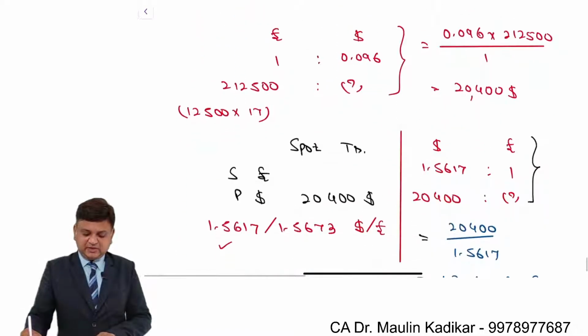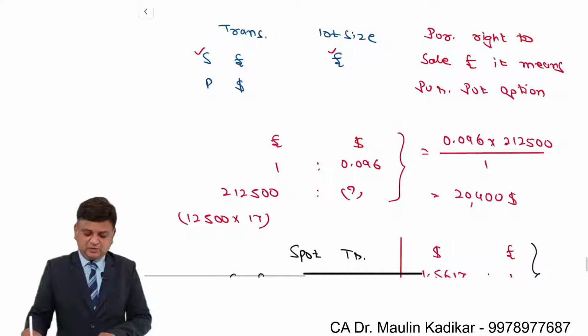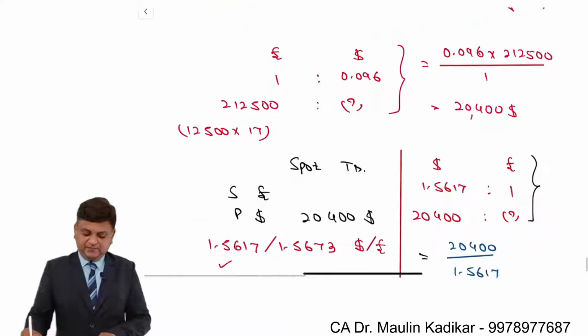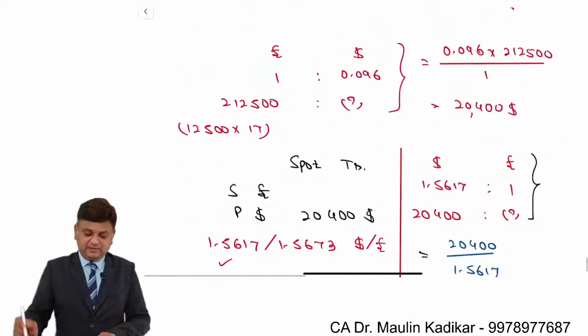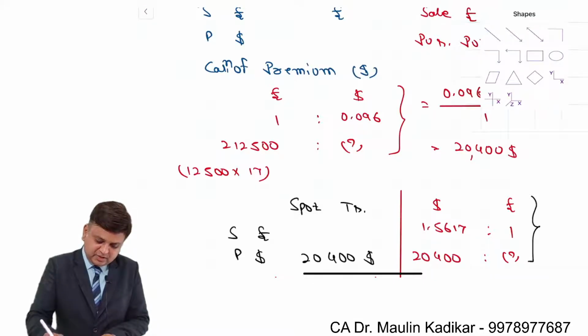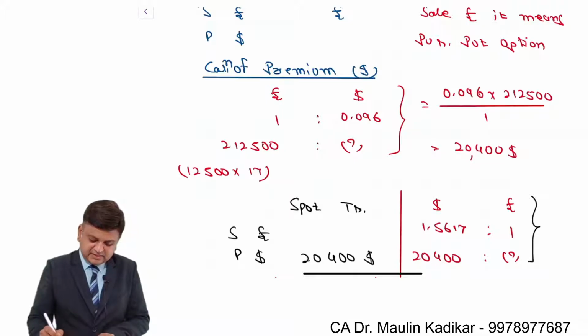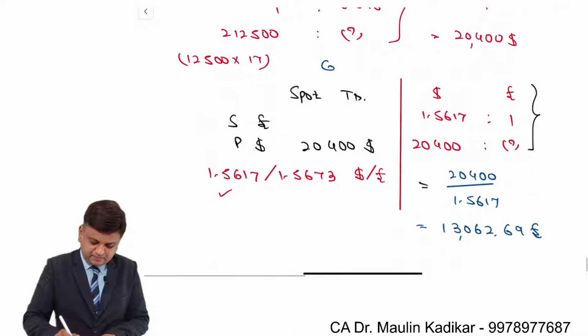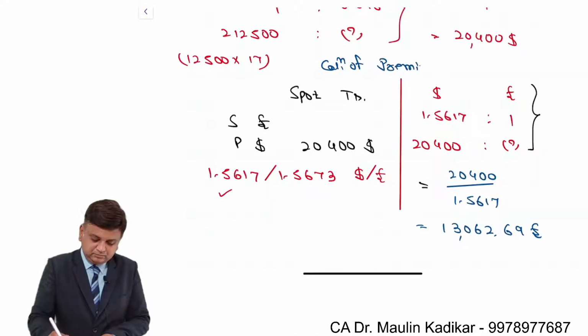I request you to write down the answer. First of all, calculation of the premium in dollar currency, then calculation of the premium in pound currency. So this is the calculation of the premium. First of all in dollar currency, and the same working, calculation of the premium in pound currency.